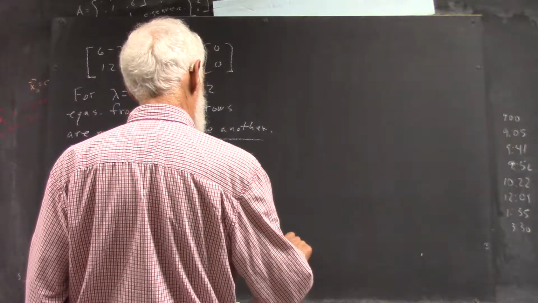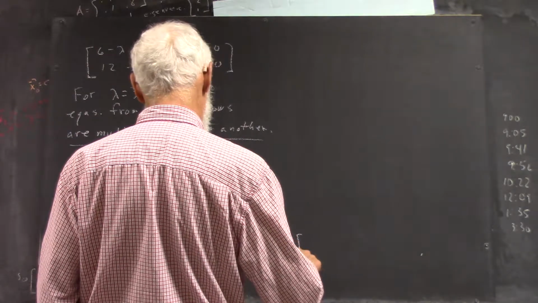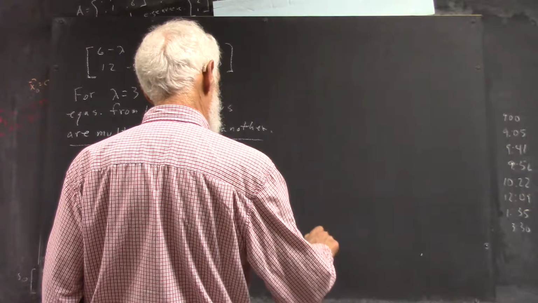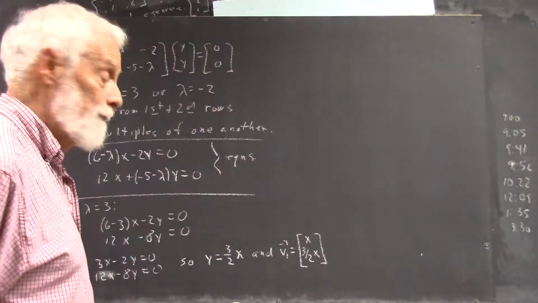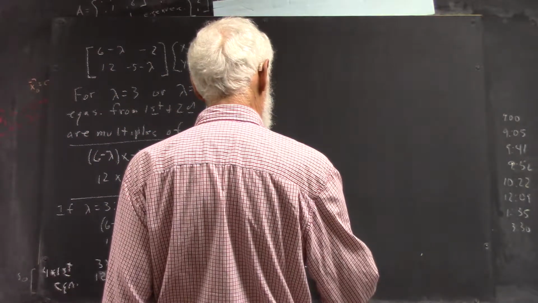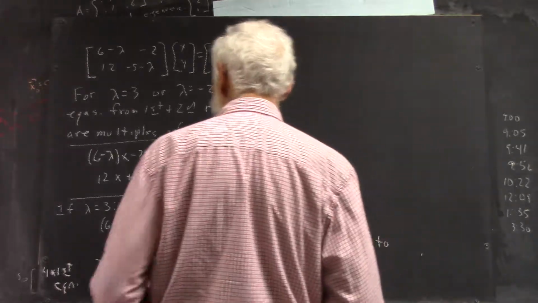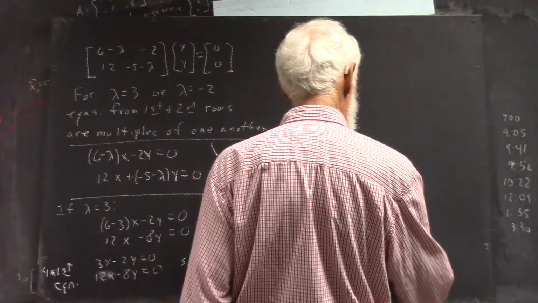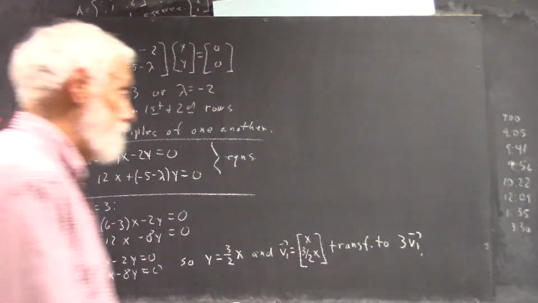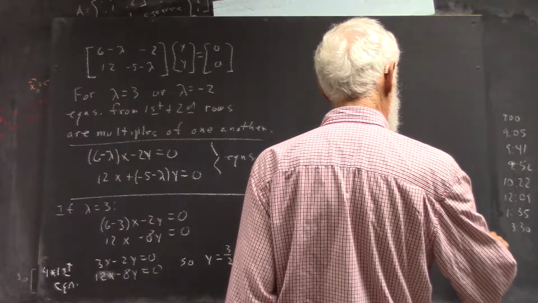And v1 equals x, 3/2 x, maps, transforms to 3v1, for any x.